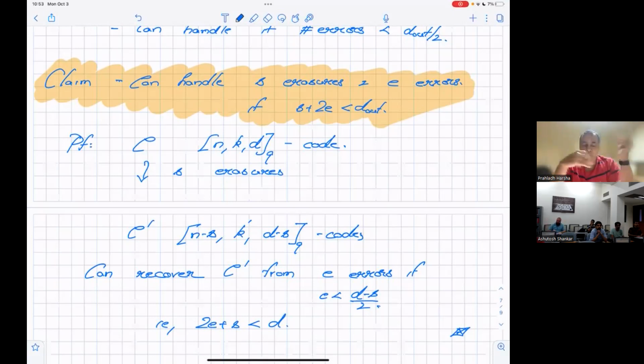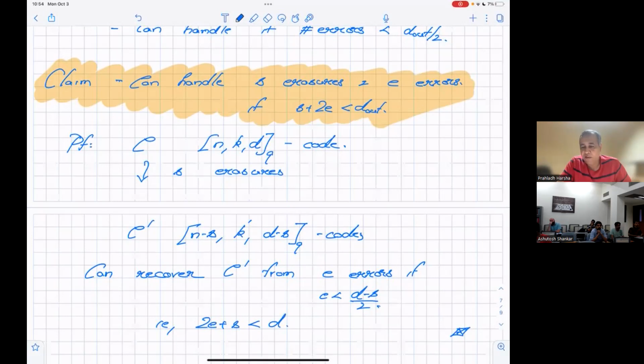Erasures, you know that these are erasures. Errors, you don't know where they are. But as long as you have a bound on both of them, what is the uniform bound I have? Twice the number of errors plus the number of erasures. As long as this number is less than d, then we can recover.